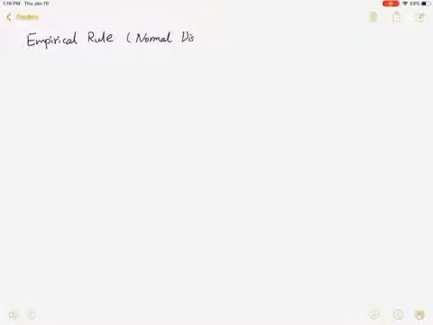And since we're talking about the normal distribution, we're going to use the mean and the standard deviation, using the sample symbols x bar and s.